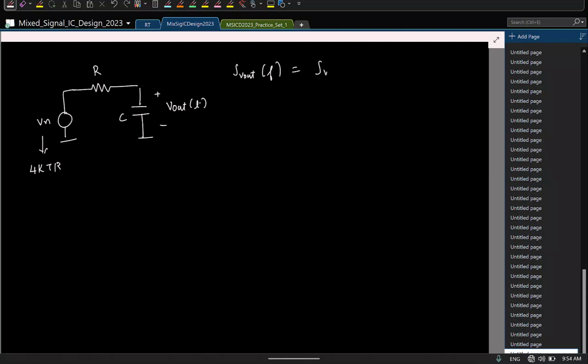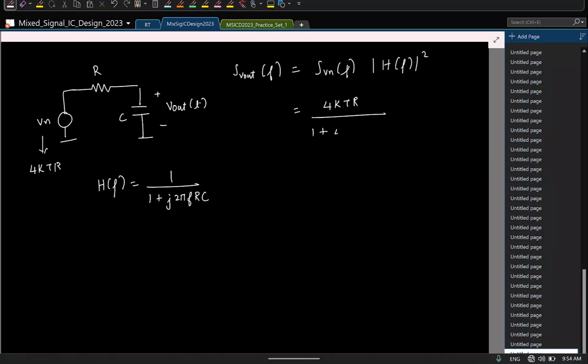The input power spectral density times the magnitude of the transfer function squared. Here the transfer function you can compute, that will be 1 by 1 plus j2πfRC. So this will be 4kTR by 1 plus 4π squared f squared R squared C squared.